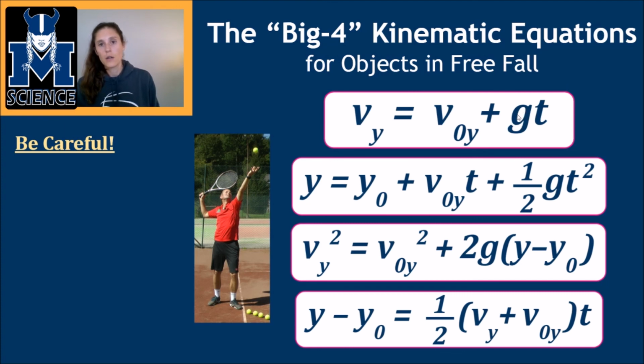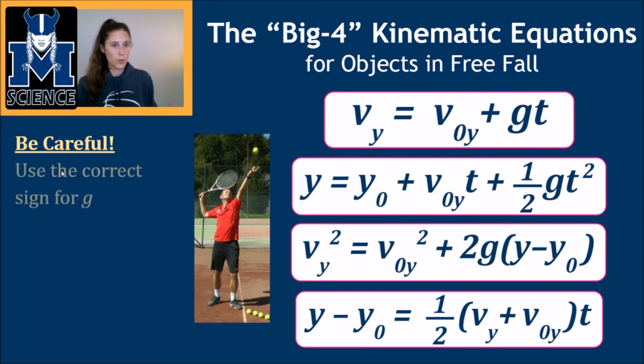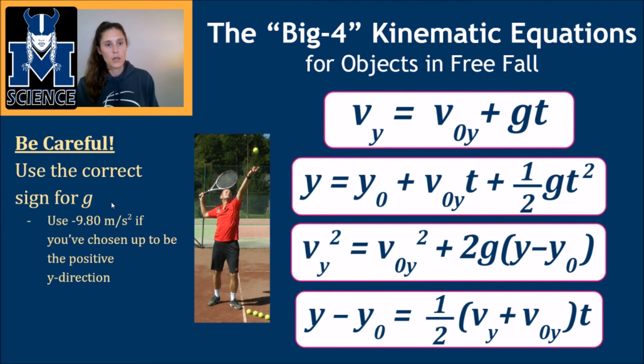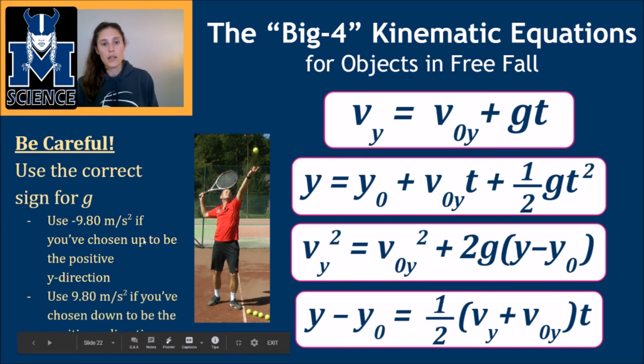Be consistent with which direction you're calling positive, which direction you're calling negative. So that's what I say over here. Use the correct sign for g. If you've chosen up to be the positive y direction, you have to use negative 9.8 for g. And if you have chosen downward to be the positive direction, then you're going to need to use a positive 9.8 meters per second squared.